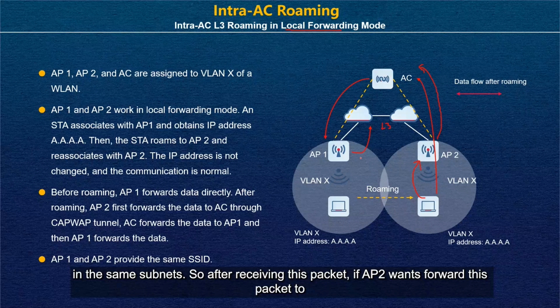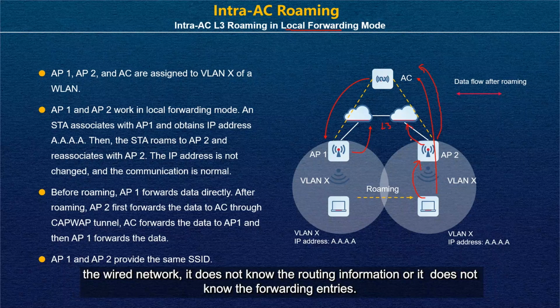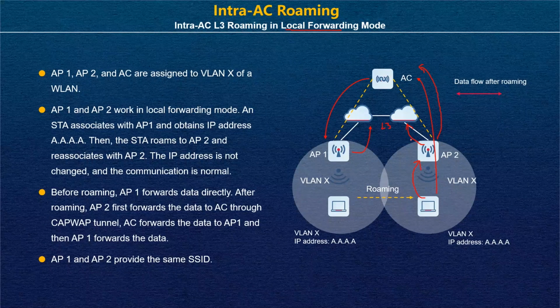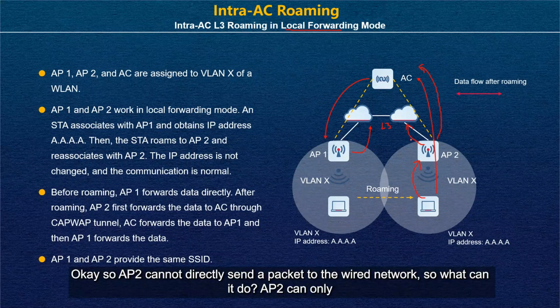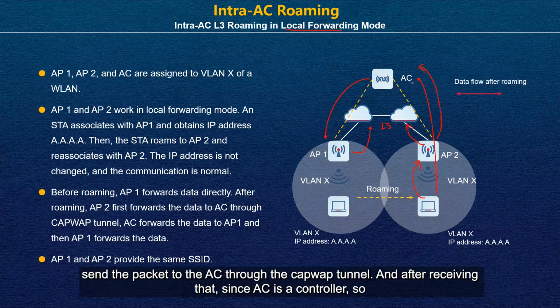So after receiving this packet, if AP2 wants to forward it to the wired network, it does not know the routing information or the forwarding entries. So AP2 cannot directly send the packet to the wired network. What can it do? AP2 can only send the packet to the AC through the CAPWAP tunnel.